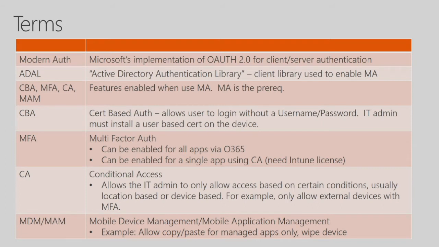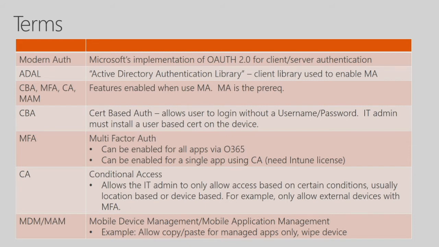The other way is to use conditional access, and then you can do it by application. So I can say, if you're doing Skype for Business, I want multi-factor, but if you're doing SharePoint, I don't.